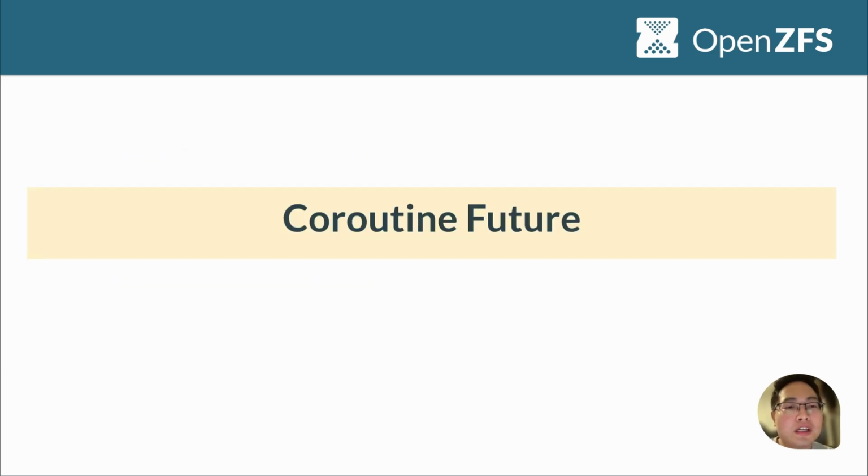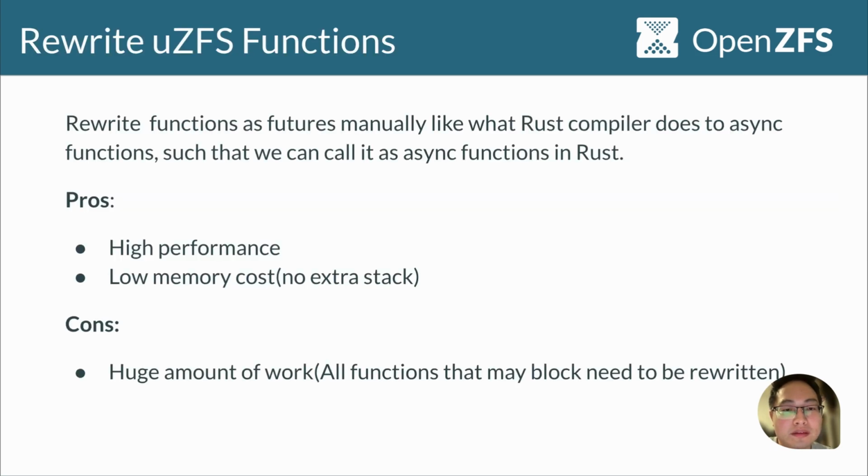Next, I will talk about some possible solutions and the advantages of our chosen solution, the coroutine future. The first solution is to rewrite uZFS functions. We will rewrite functions as futures manually, like what the Rust compiler does to async functions, such that we can call them as async functions in Rust.